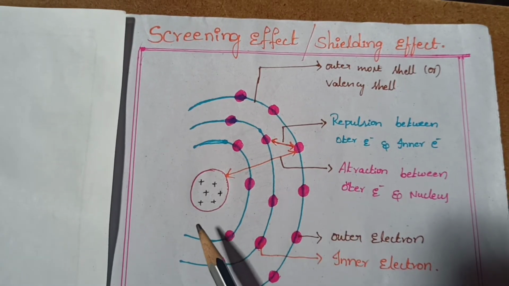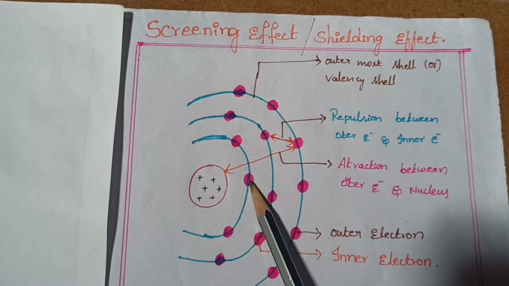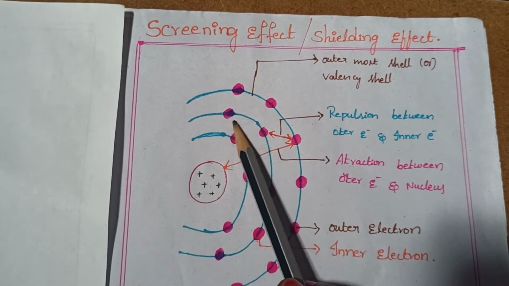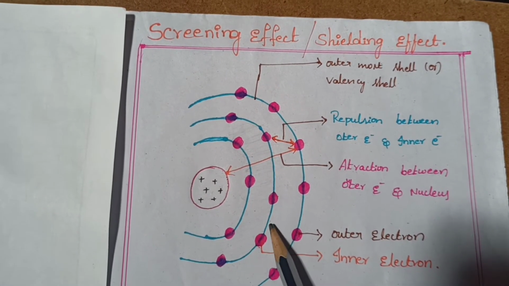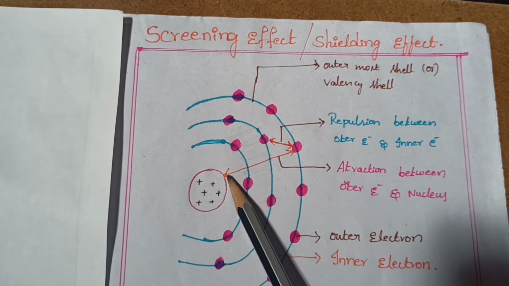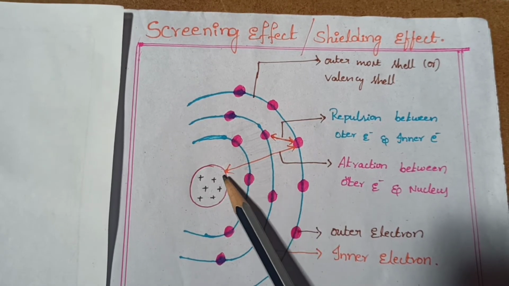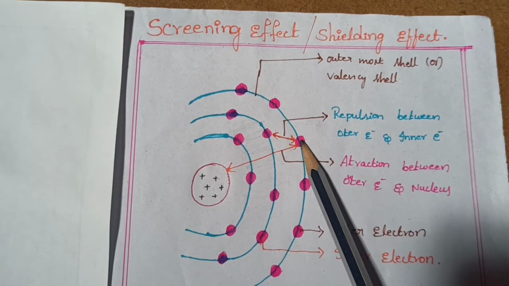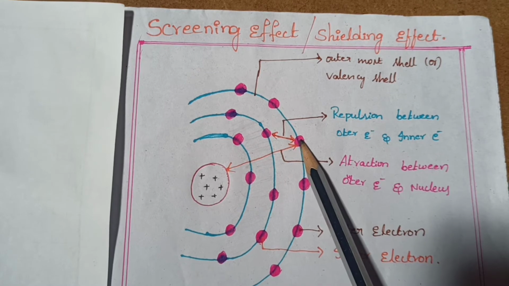The inner electrons form a screen here, restricting the nuclear attraction. Are you able to understand? This is a nucleus, and this is an outermost electron, the valency electron. Attraction is present from here to here.